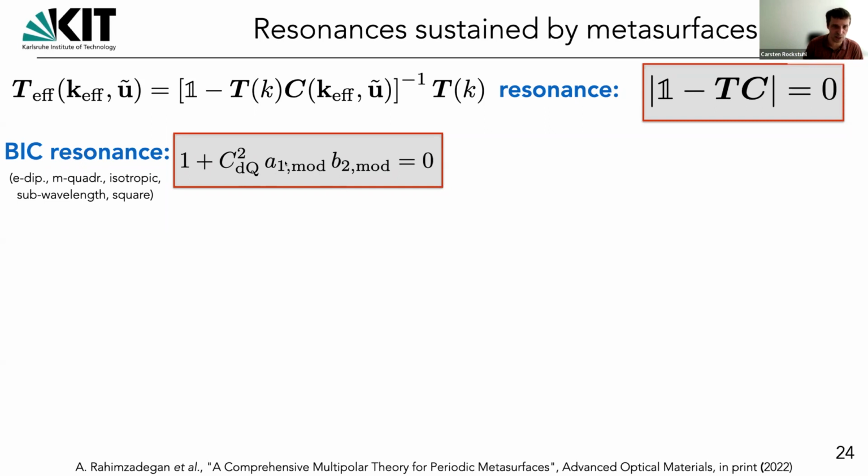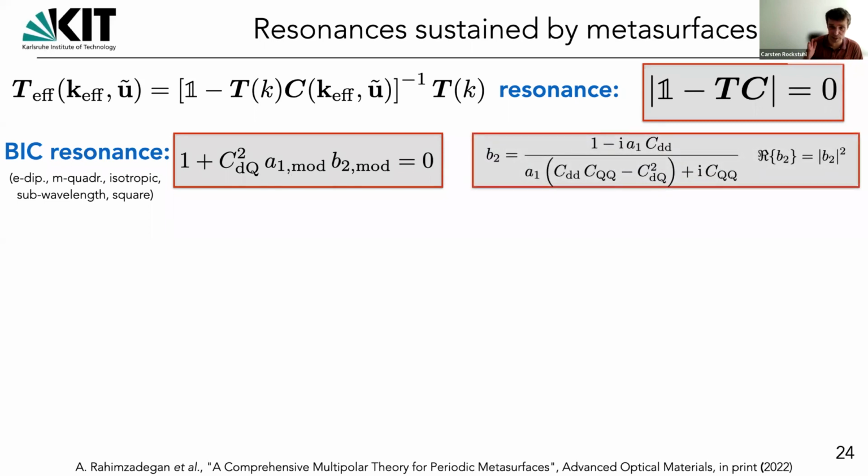So in essence, these are renormalized Mie coefficients, and they can be expressed analytically. All this can be written down, and nothing else than a few more coupling matrices appear here. And out of this equation, we clearly see that this is a single equation that needs to be met in order to assure the presence of a bound state in the continuum.